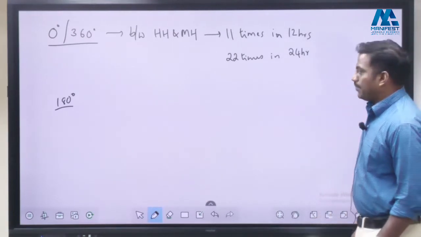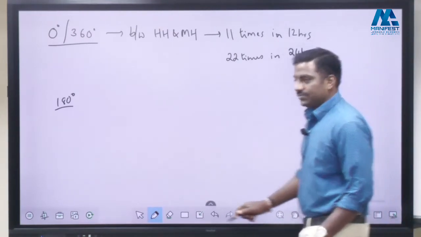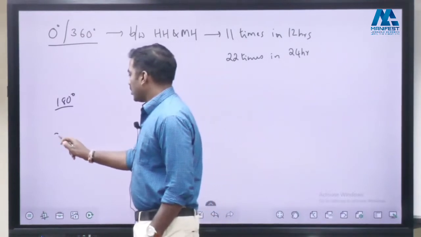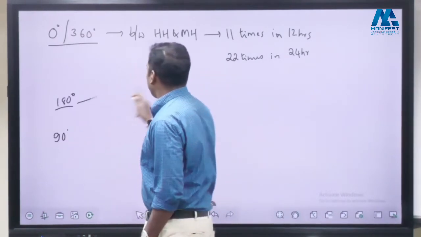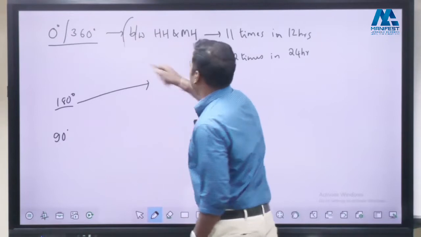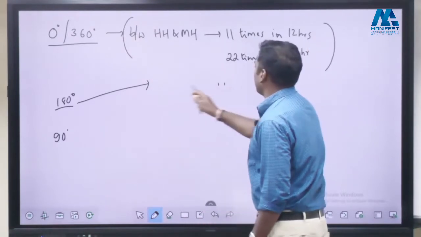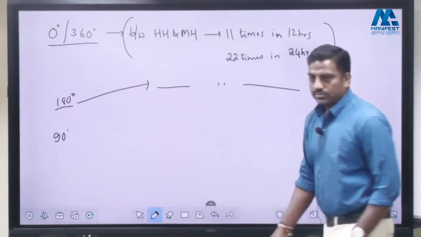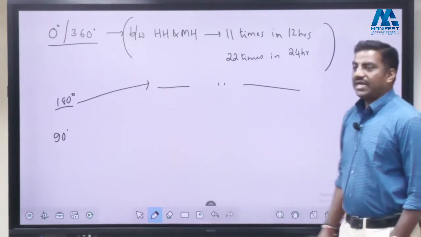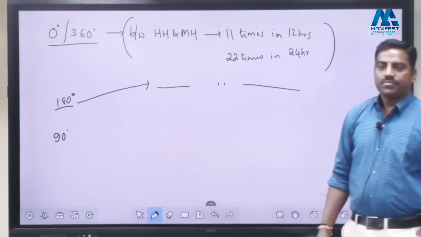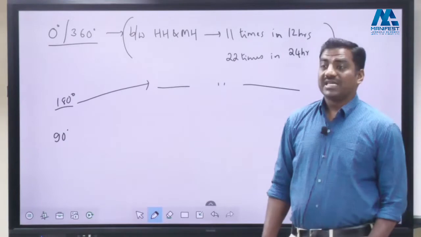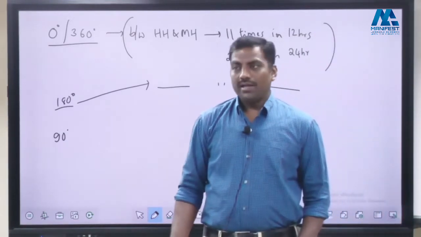So similarly for 90 degrees, see, the entire same thing will repeat here as with 180 degree. Now for 90 degree, what is the reference time? Reference time is 3 o'clock or 9 o'clock.